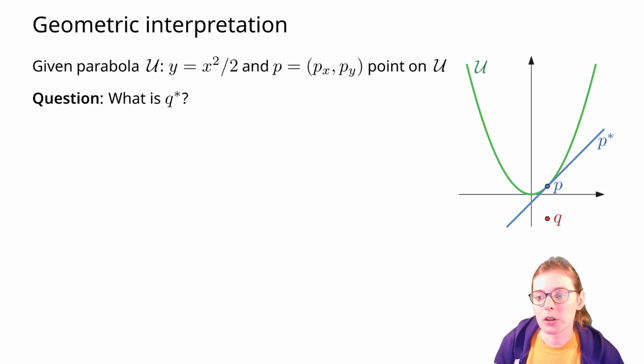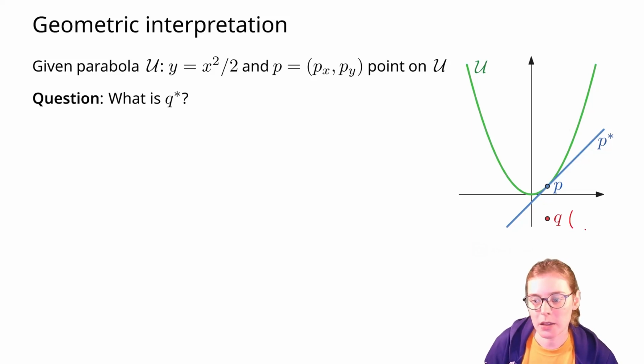Now, consider a point Q that lies directly below the point P. What is the dual line Q star to the point Q? Well, let's see what we can reason about Q star.